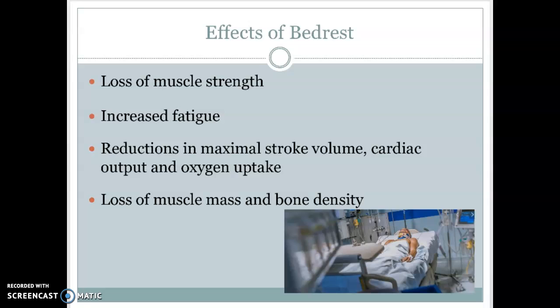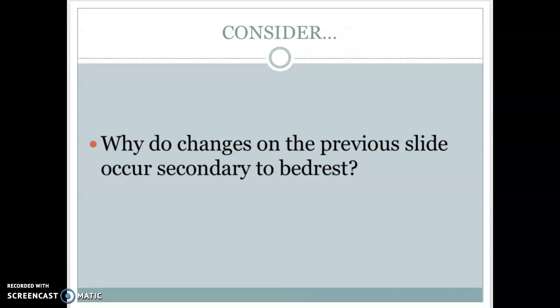They're going to lose muscle strength, they're going to be more fatigued, lose activity tolerance, lose endurance, and then specifically from a cardiac standpoint, decreased stroke volume and decreased cardiac output and their ability for oxygen uptake, and therefore the heart's not as efficient, and therefore they're not getting as much oxygen to the tissues. All of these factors combine to result in decreased muscle mass and decreased bone density.